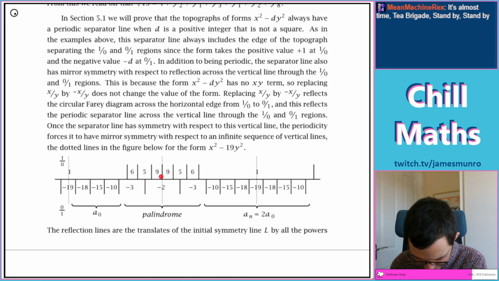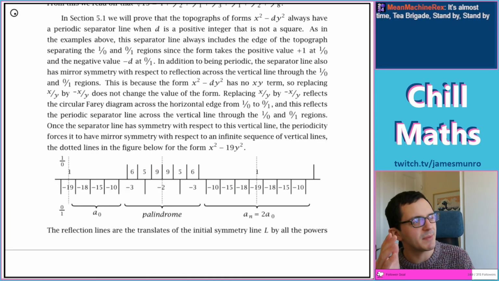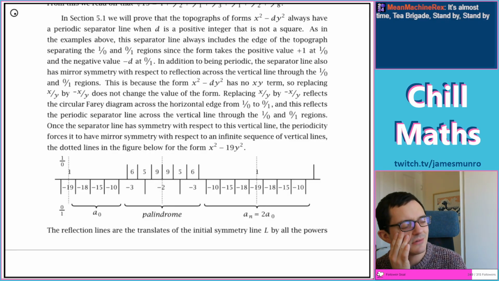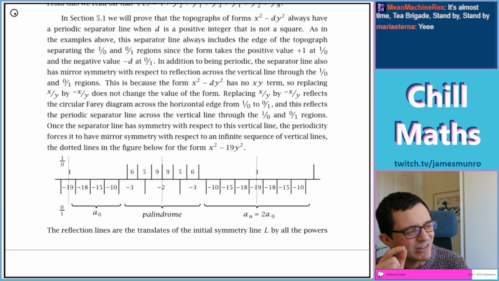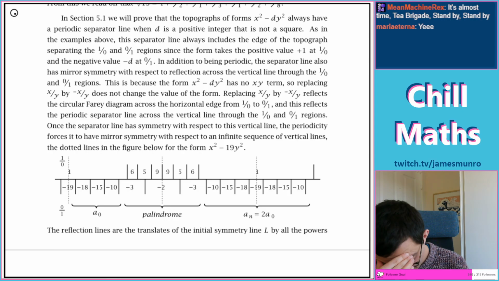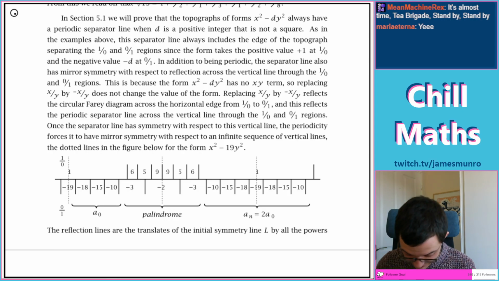So this line that we're reflecting in, I mean, it's periodic, but this line that we're reflecting in is supposed to be special. It's supposed to be the one that connects the region. No, the one that I've got really flipped around by all this switching between regions and numbers, right? Where's that? Oh, there it is. It's labelled over here, so I have misunderstood. So 1 and minus 19.